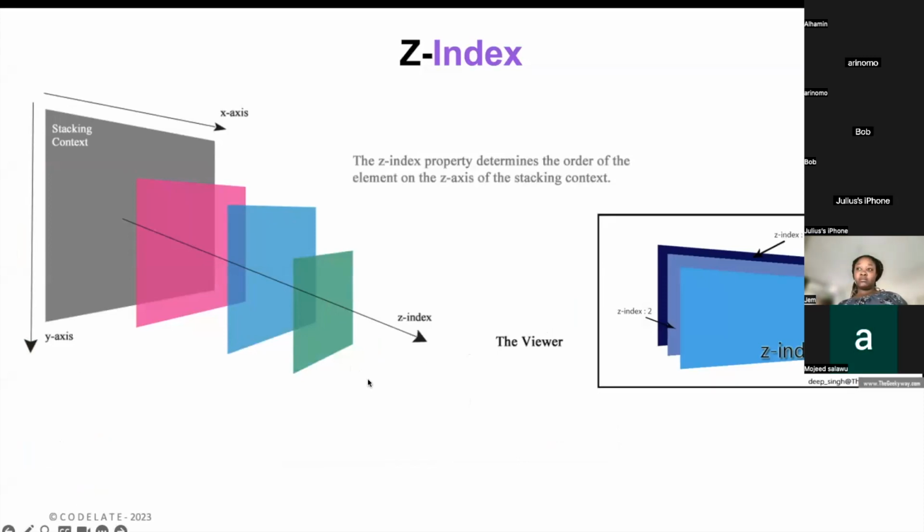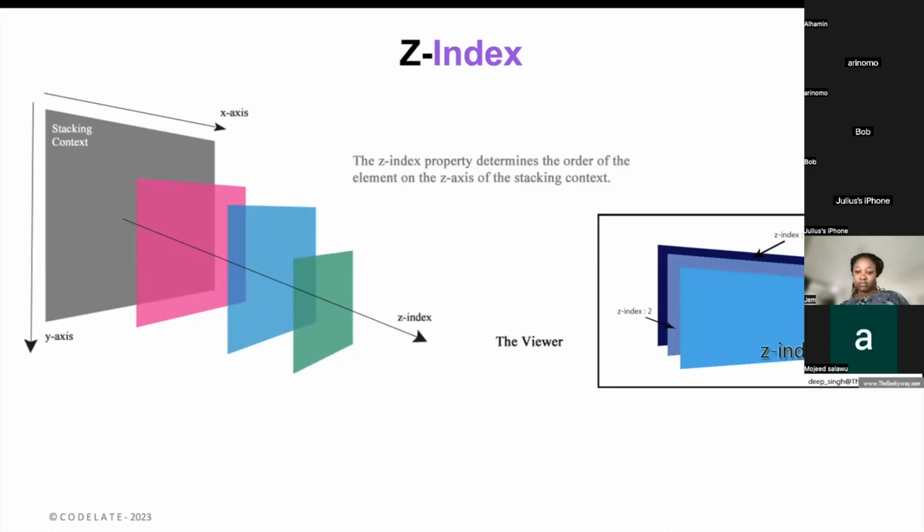All right. So Z-index is actually the property that determines the order of the element on the Z-axis of the stacking context. Again, English. Let me use our own normal English to explain that. Forget about the Z-axis and the stacking. What that means is this. Let's say I have this paper, guys.